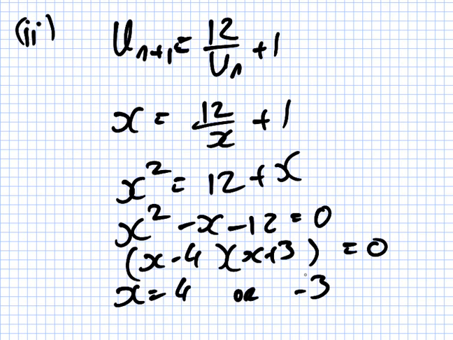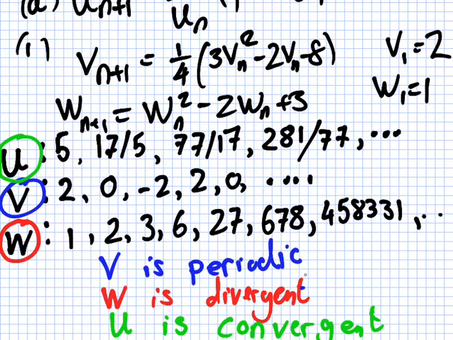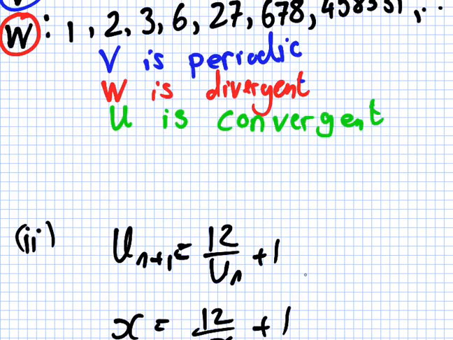Now what could the limit be? Well, if we go back to the sequence, we see that u is positive: positive, positive, positive, positive, so it's reasonable to think at least that the limit is positive, and in fact it is positive, because if you look at that number there, 281 over 77, that is 3.65, so we can already see that it's getting pretty close to 4.